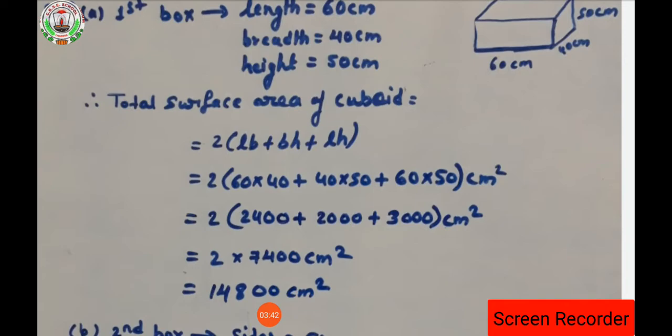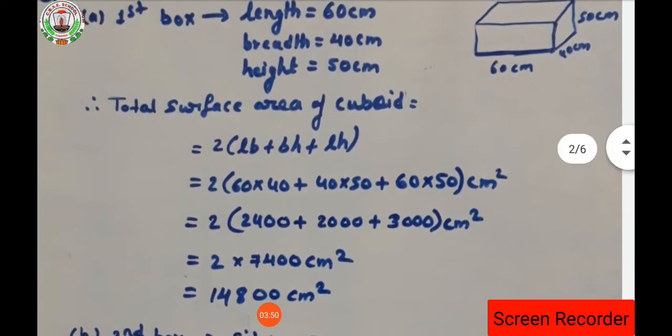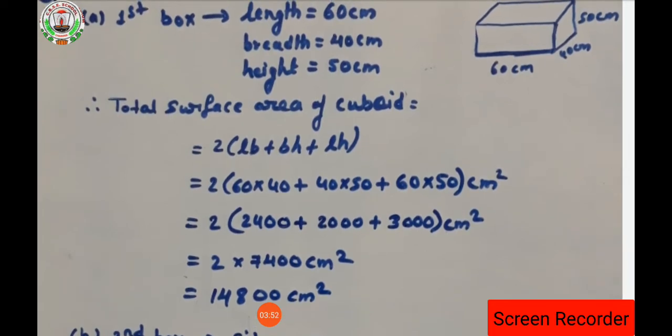While substituting the values, what will we get? 2 into (60 into 40 plus 40 into 50 plus 60 into 50) centimeter square. Now 60 into 40 will be 2400, plus 40 into 50 will be 2000, plus 60 into 50 will be 3000 centimeter square.